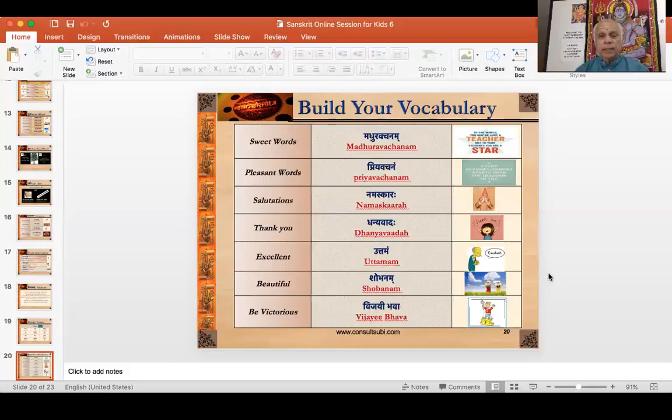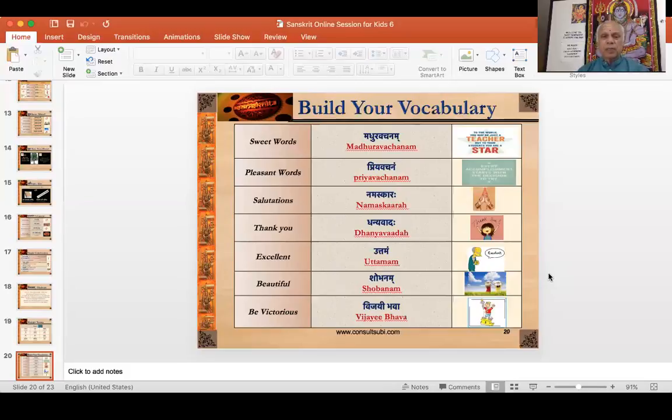Like Madhura Vachanam, sweet words. Sometimes mom talks to you and she tells you very sweet words, right? When you don't want to eat some food, mom comes and tells you, please take this, it is very good.